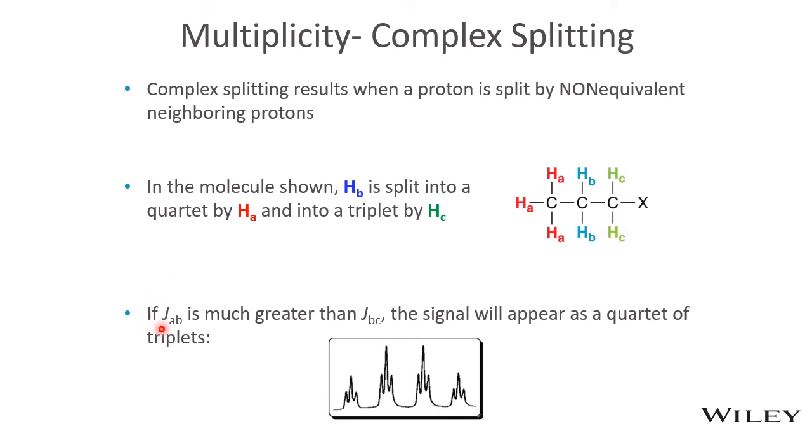Now, if JAB is much greater than JBC, the signal will appear as a quartet of triplets. And that means that the splitting between A and B is much greater than the splitting between B and C. So we will initially have the splitting into the triplet by HC, and then ultimately HA is going to take those triplets and break them up even further into a quartet.